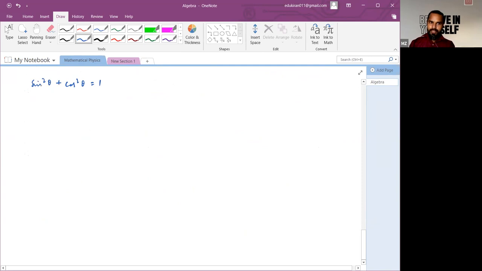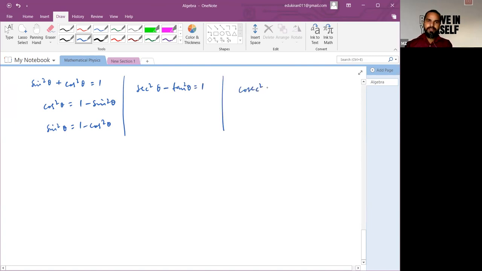You may move any of these terms to the other side, so cos square theta is equal to 1 minus sine square theta, or sine square theta is equal to 1 minus cos square theta. Similarly, we have sec square theta minus tan square theta equal to 1. And the third is cosec square theta minus cot square theta is equal to 1. So these are certain identities related to the trigonometric ratios.